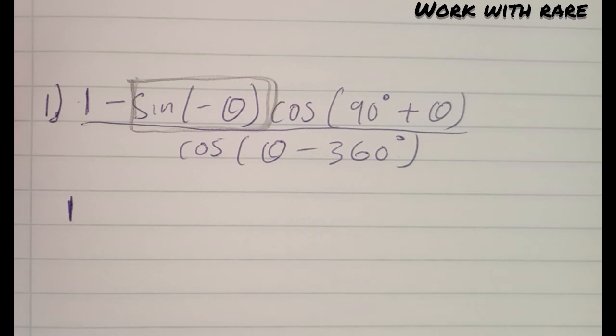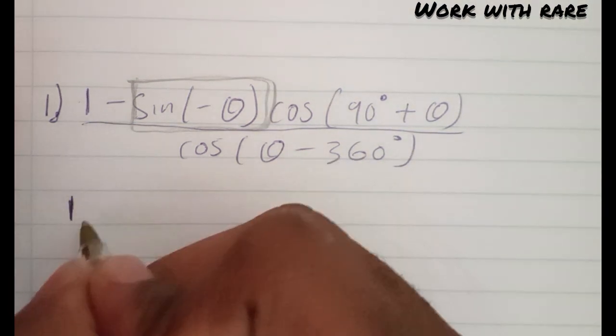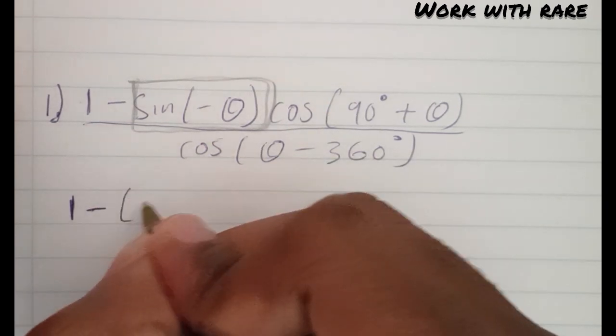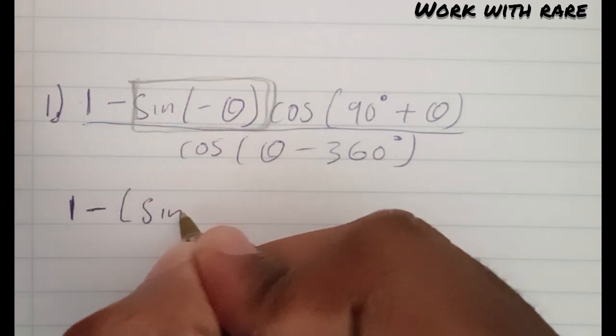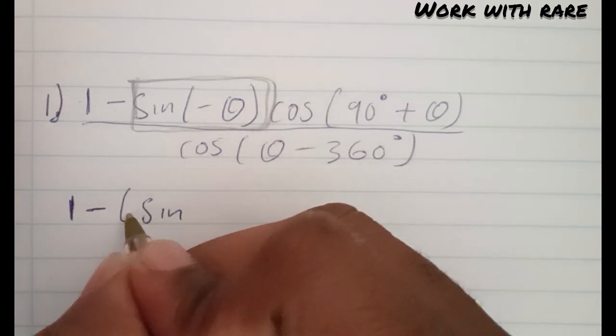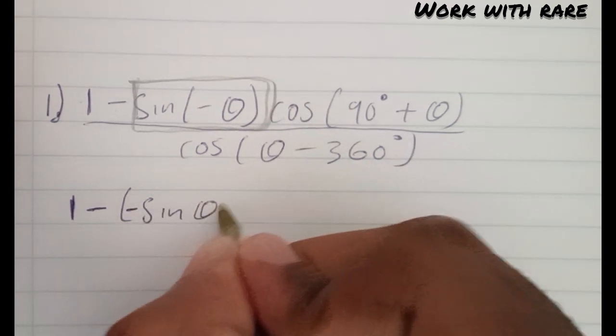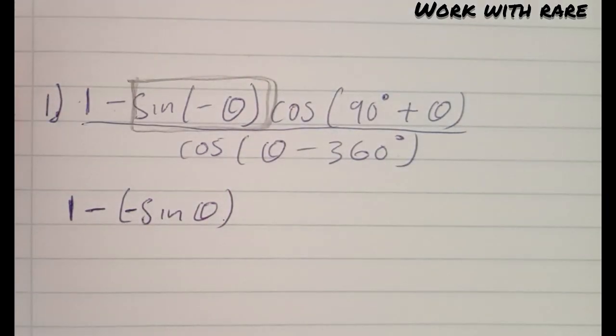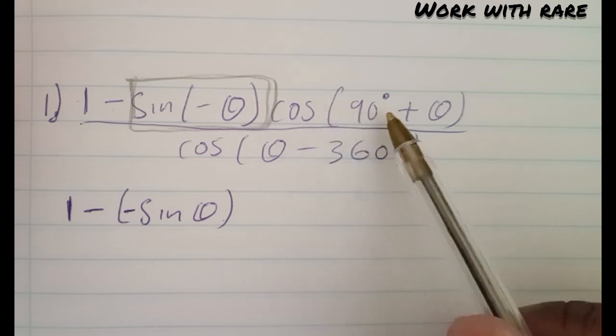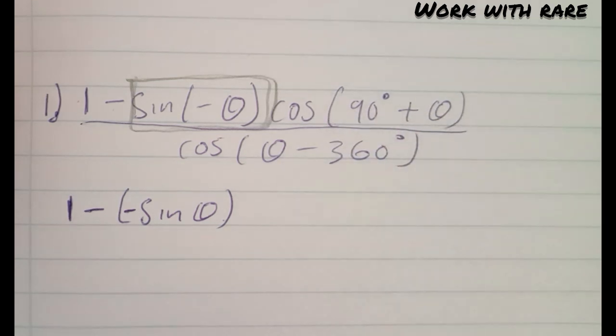Okay, so when it is negative, I don't forget my sign, but on my brackets I'll have a negative sine theta. You see, and here I have cos 90 plus theta.